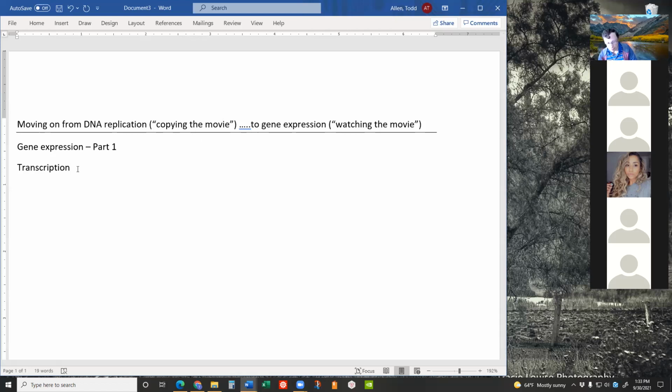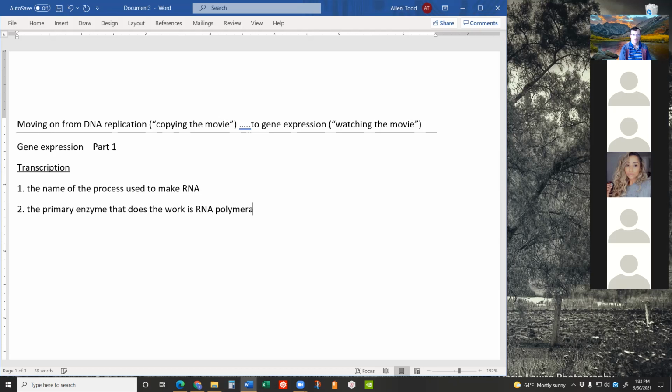So transcription is the name of the process used to make RNA. The primary enzyme that does the work is RNA polymerase, okay?